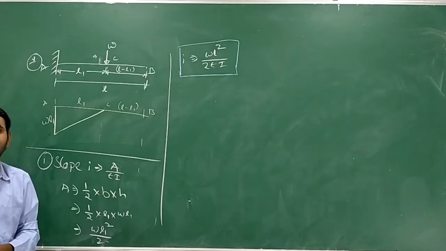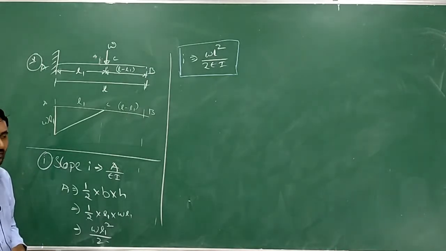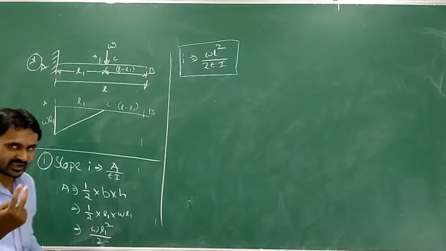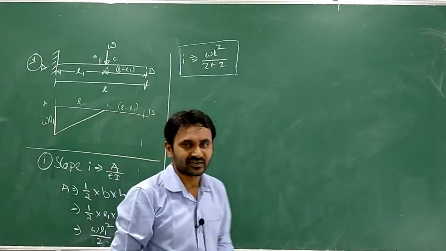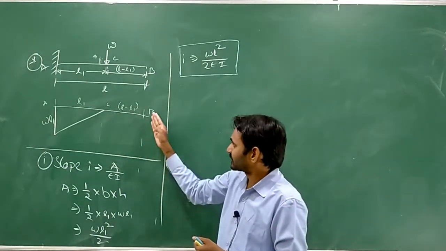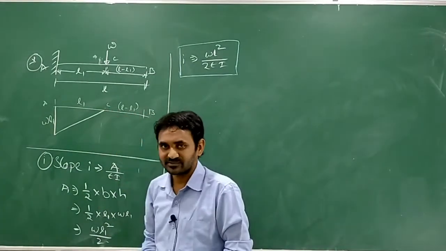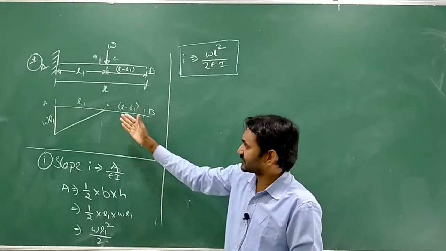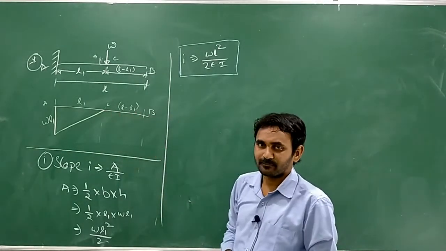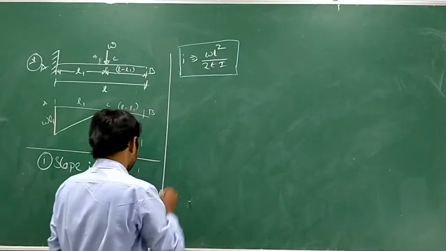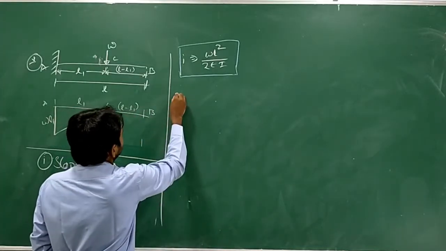Similarly, you need to find the deflection also. In this case you are going to get the deflection at two points, one at B and the next at C. Let us find the deflection at C and at B. First let me write the deflection formula.